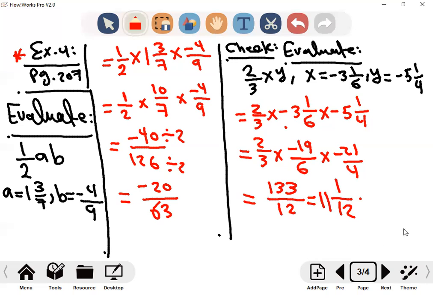Done? Quickly, please. Do the multiplication, see. Okay, do the multiplication, it comes out like this. No, divide by 12. Normal, make long division. 133 divided by 12 is 11 because 11 times 12 is 132, right?